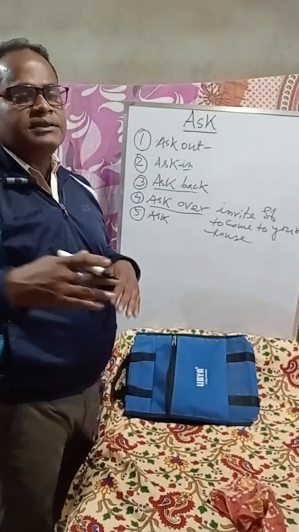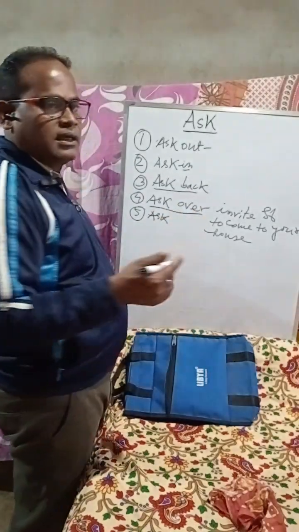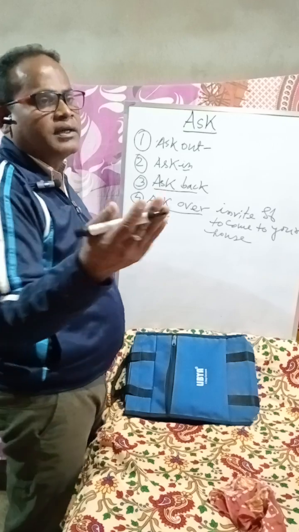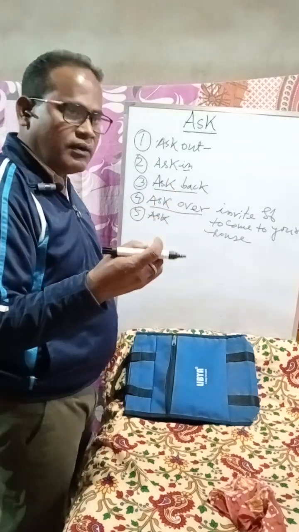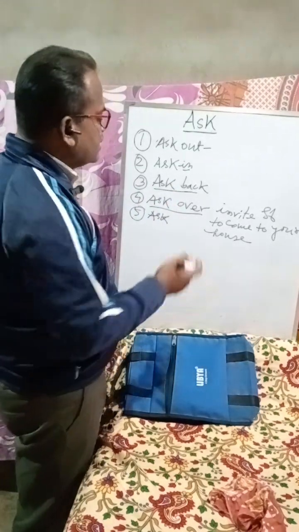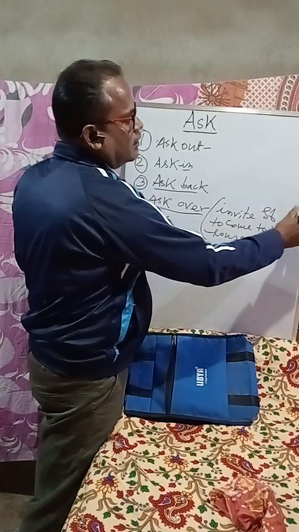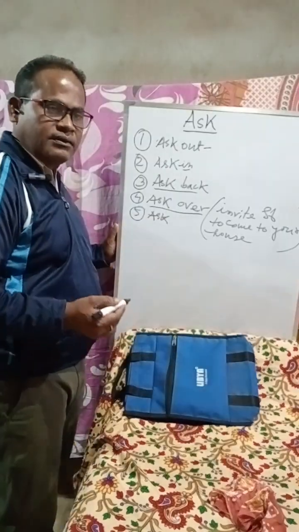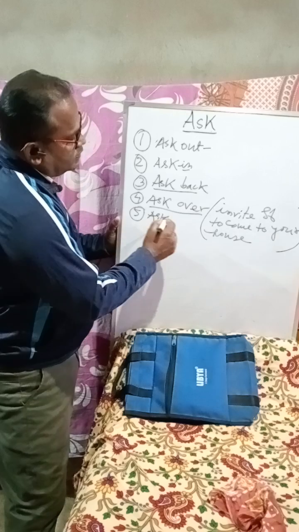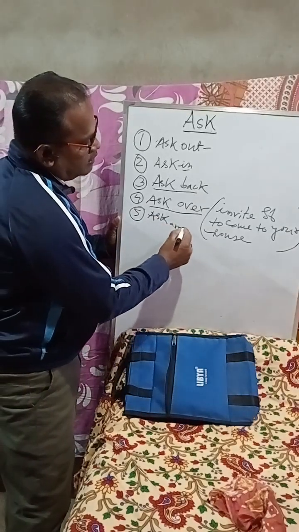Ask somebody over means you want him to come to your house for a cup of tea, for a talk with you, for discussion. Understood? That's how somebody can come to your house. Is that clear now? So, here I want to tell you around.